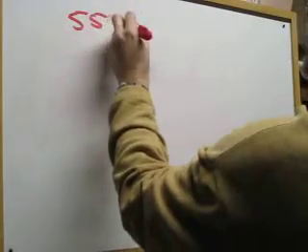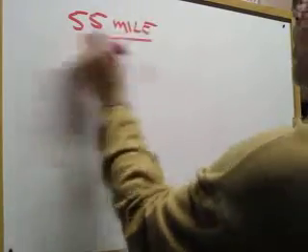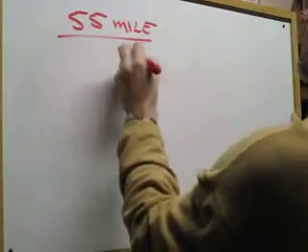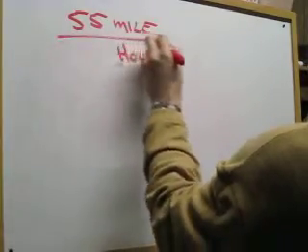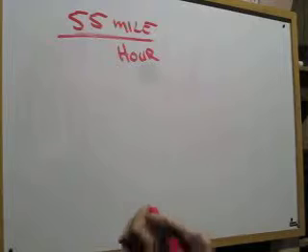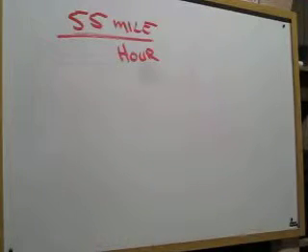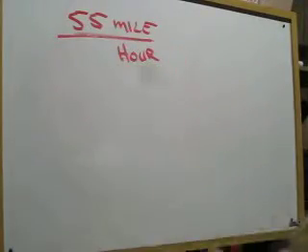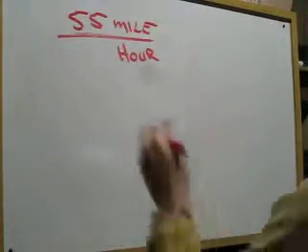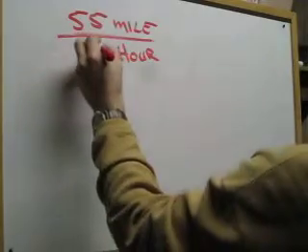And the way you're going to write that is miles over hours. Miles, this line here signifies the word per. You know, 55 divided by, 55 to, 55 per. So this line represents many different things, but when you're doing a ratio like this, it's 55 miles per how many hours? Well, 1 hour.